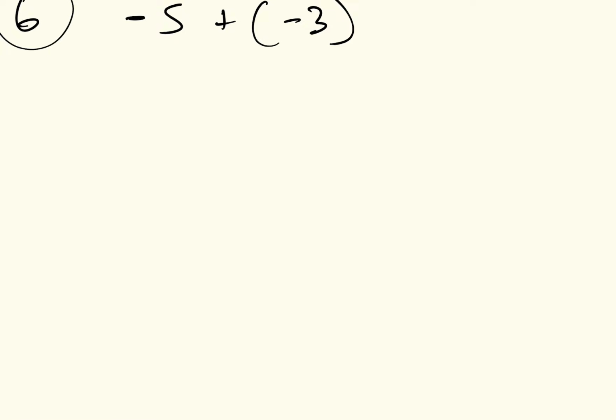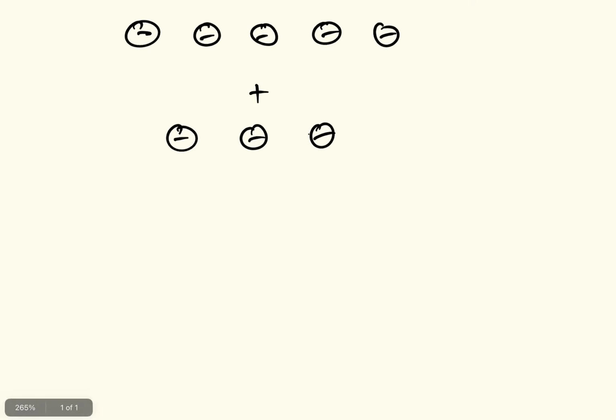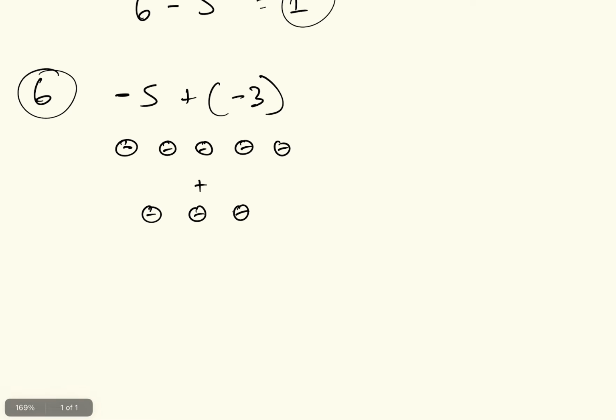In fact, don't even think of it like that. Just think of it as having 5 negatives. And what you want to do is add to that 3 more negatives. Now, how many negatives do you have in total? You have 8. So negative 5 plus negative 3 is equal to negative 8.